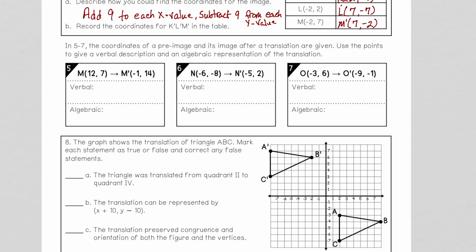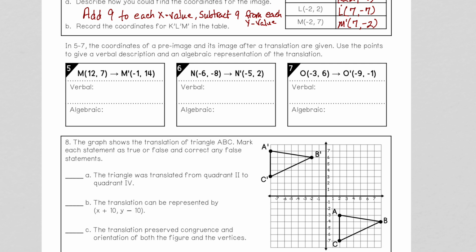In numbers 5 through 7, the coordinates of a pre-image and its image after a translation are given. Use the points to give a verbal description and an algebraic representation of the translation.